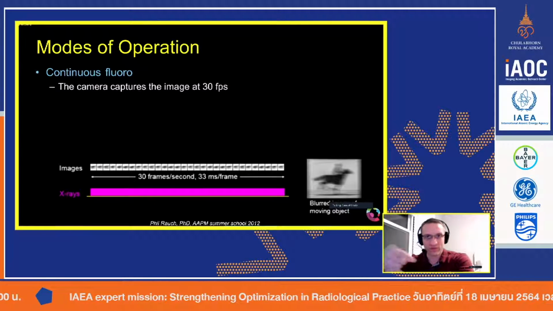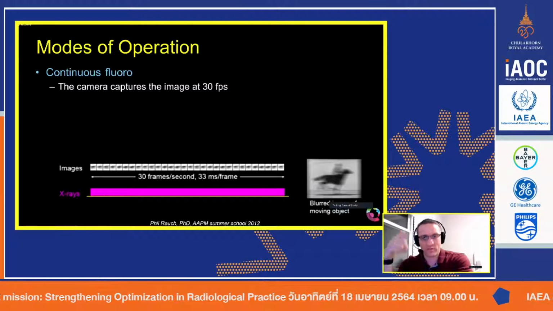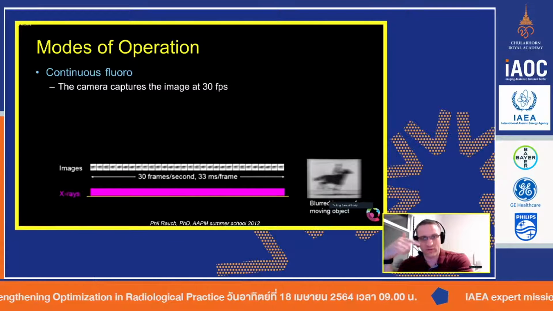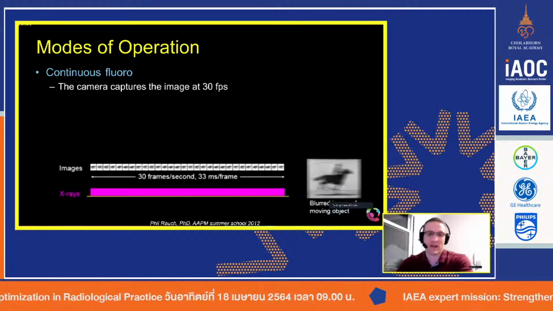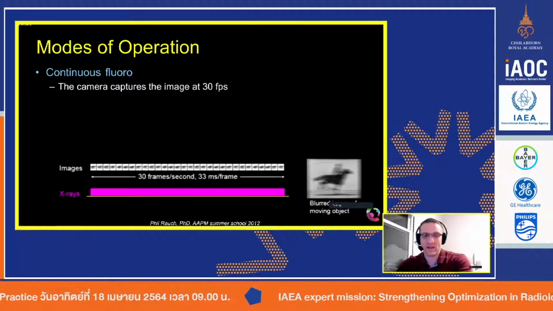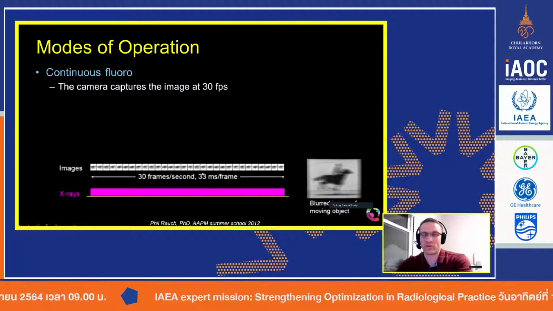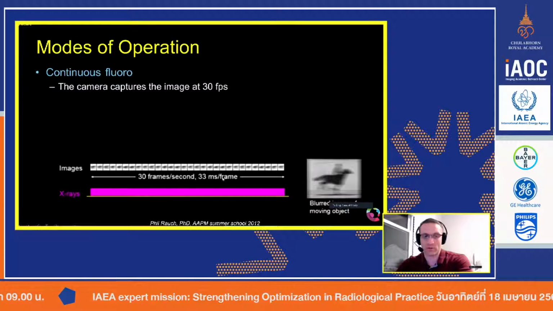On the old reels, where they actually had it all on film, those film reels would roll fast enough that you would have 30 frames for every 1 second. And that would produce an image that was 33 milliseconds per frame.